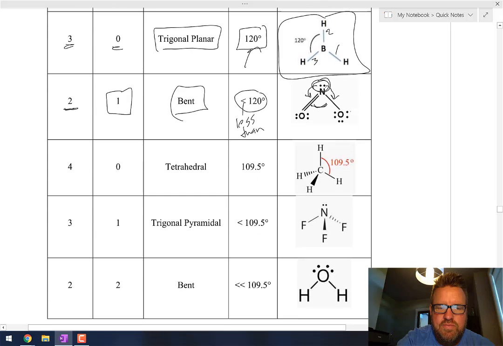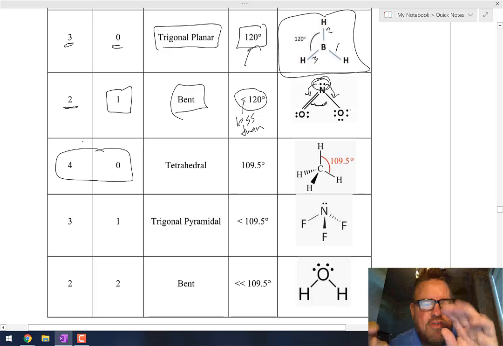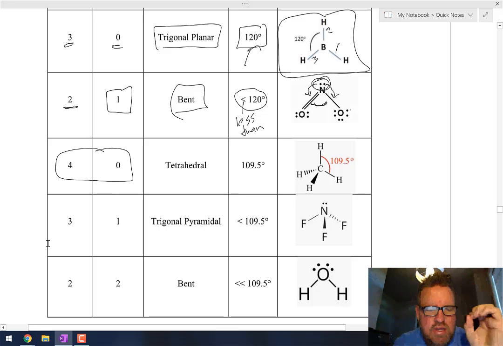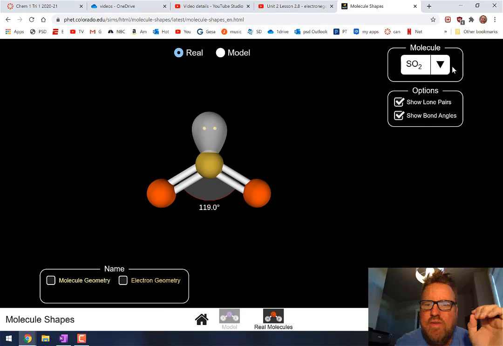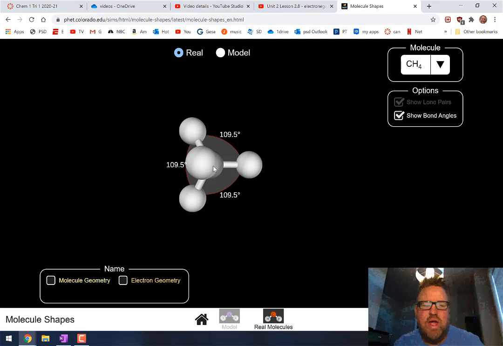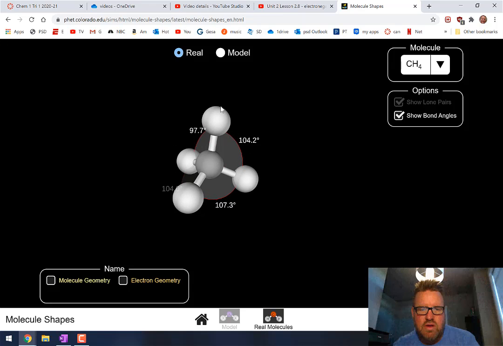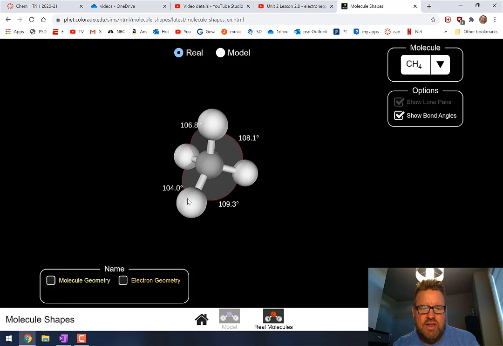Now the last three are all based on this one right here. If you have 4 bonds and 0 lone pairs, and I can keep using real molecules here, you have this molecule right here. Let me rotate it a little bit. Now this one's a little bit harder to draw because it's in 3D.